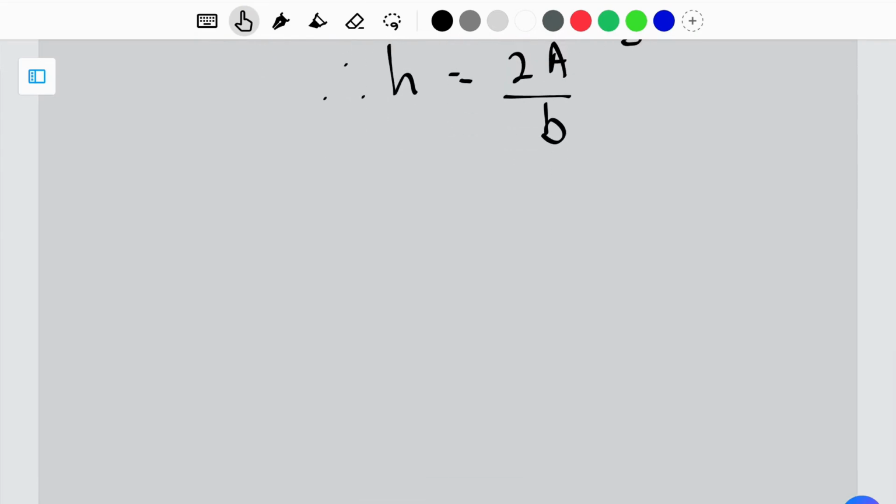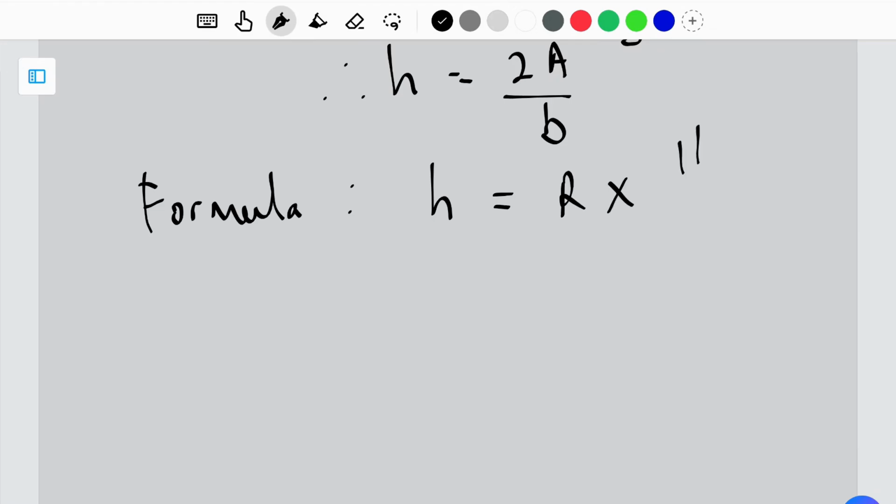Let's go to the next sum. I'm going to give you another one, and this one is a little bit more complicated. In this one we are given a formula again. The formula reads h equals r times H over r plus r squared.